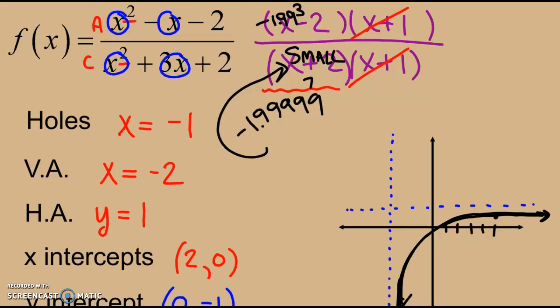Okay. What does it do on the left side of the asymptote? What if we put in like a -3? Okay, so if we put in a -3, what do we get? Well, it's getting messy up here, but if I put a -3 in, the x plus 2, that's going to be a -1, right? And if I put a -3 in up here, that's going to be a -5.